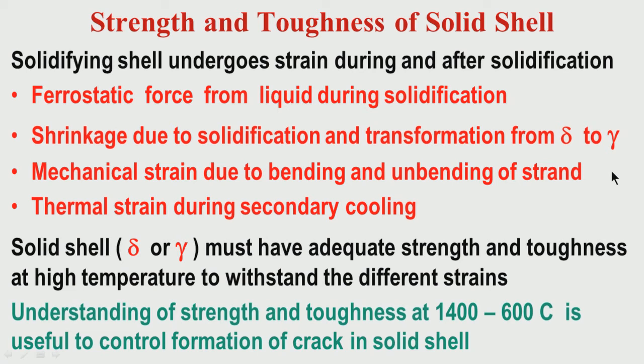If you are using a vertical mold, the solidifying strand is coming out vertically, but it has to be made horizontal finally. So, how is it made? First, if there is a vertical mold, the strand has to be initially given a bending, and then there has to be unbending.